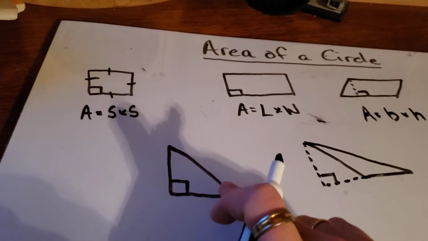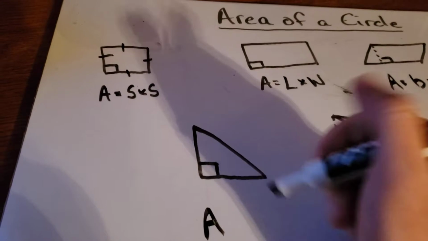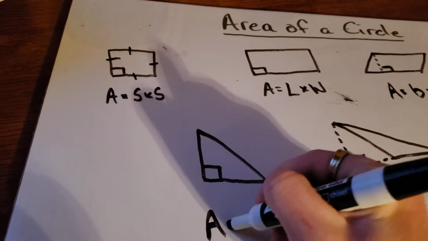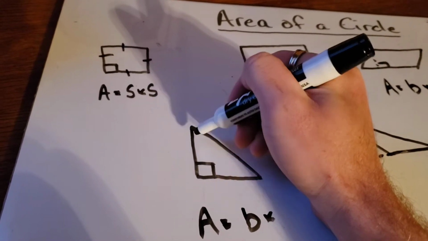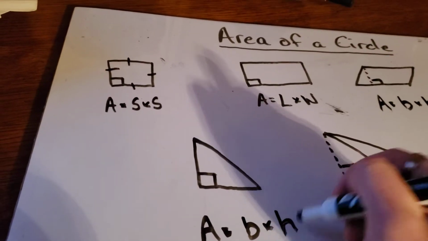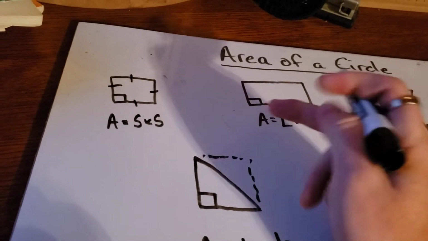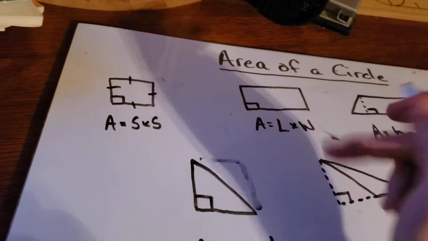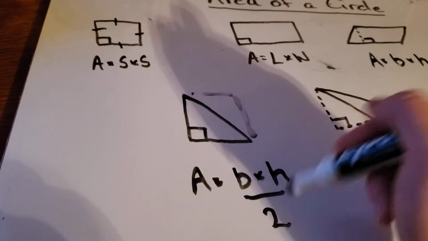This first one is a right triangle. So area of a triangle is the base times the height, and then it's half of the original parallelogram. So don't forget we must divide by 2.